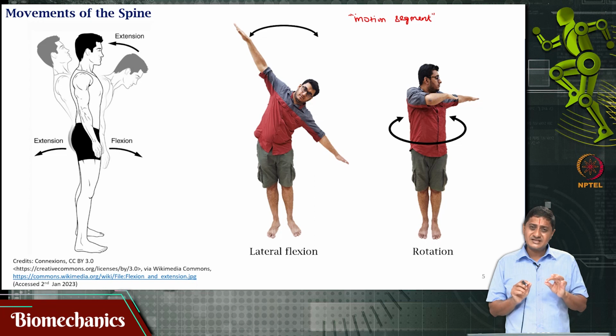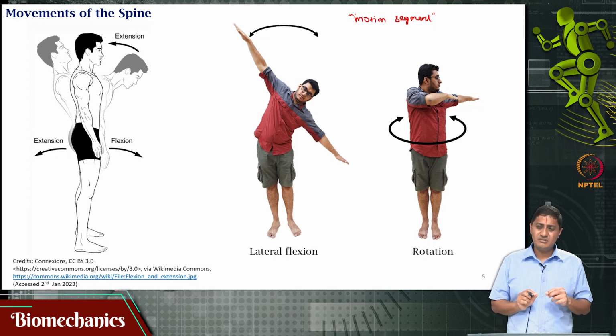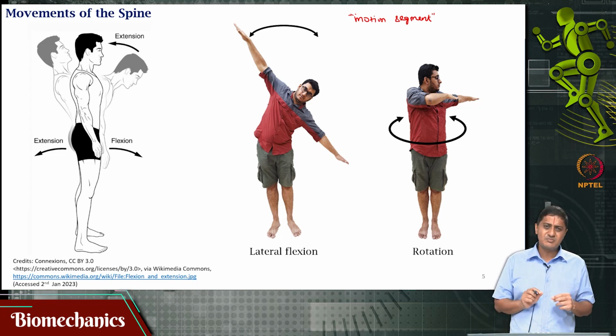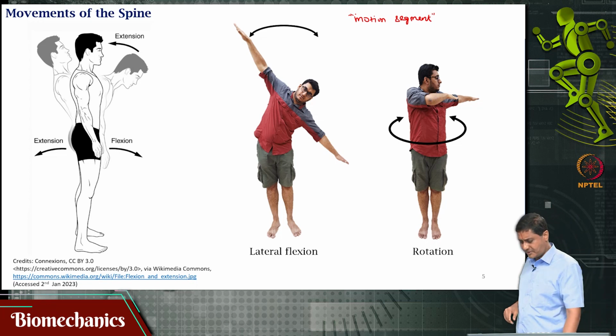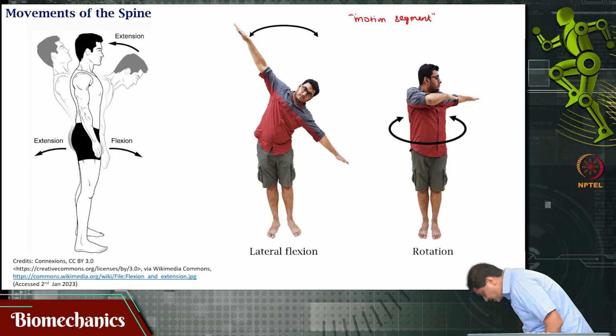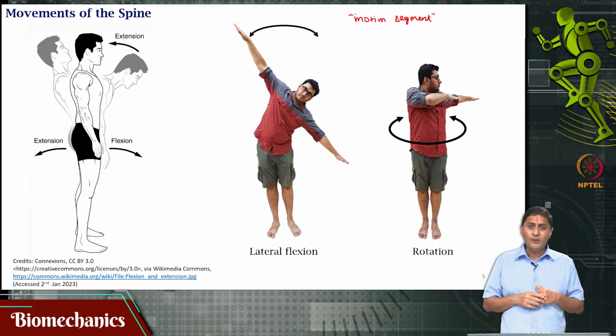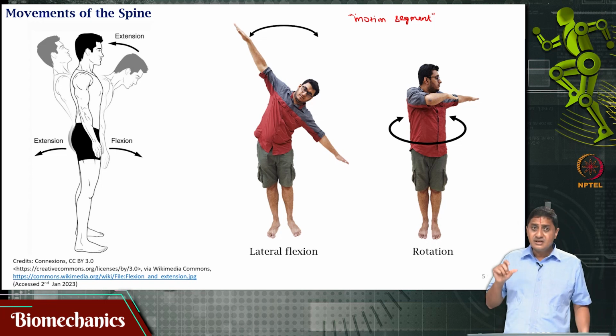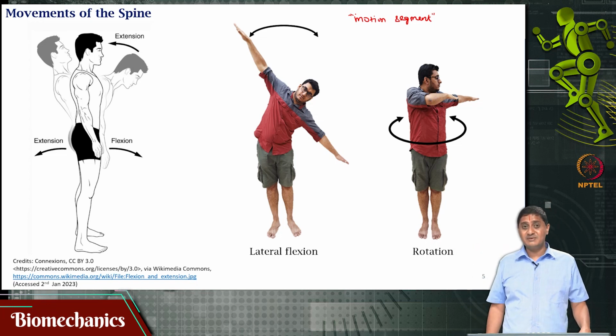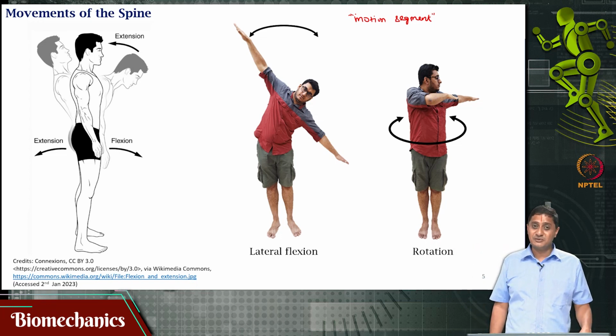Between two adjacent or consecutive vertebra, movements are very small. However, when we move, for example, when we want to bend down, I am making that bend, that is a very visible large movement of the spine. How is this possible? Because there is relative movement between many consecutive segments, many consecutive vertebra of the vertebral column.